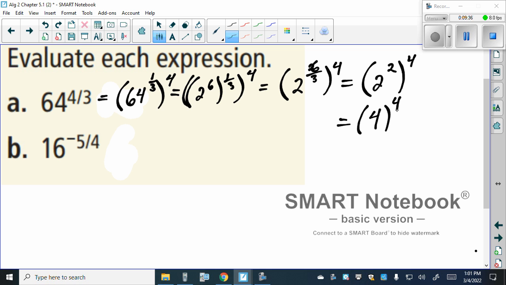Question. Now we just need to figure out what 4 to the 4th is. I believe it's 256.